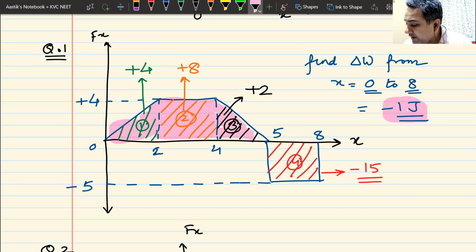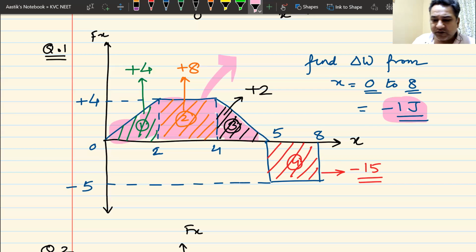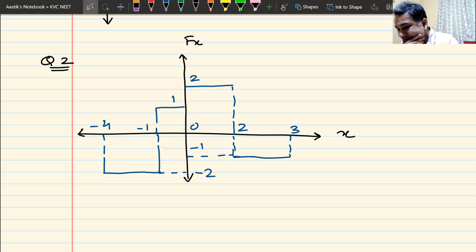You can simply find the area of that trapezium. Half into sum of parallel sides into the distance between the parallel sides. You will get the same answer. It just depends on how you want to solve it. I hope you understand the formula for area of trapezium. Anyways, coming back to the question, 2 minutes starts now.